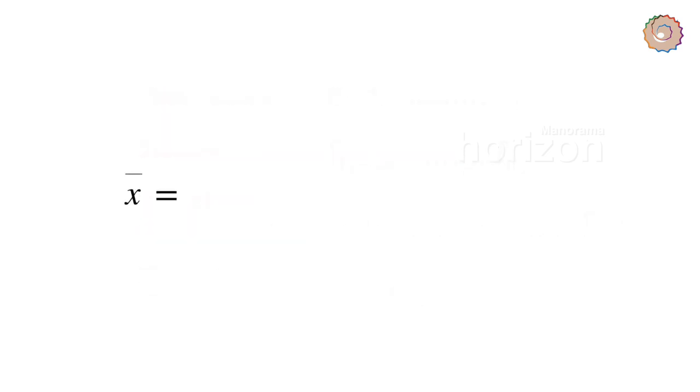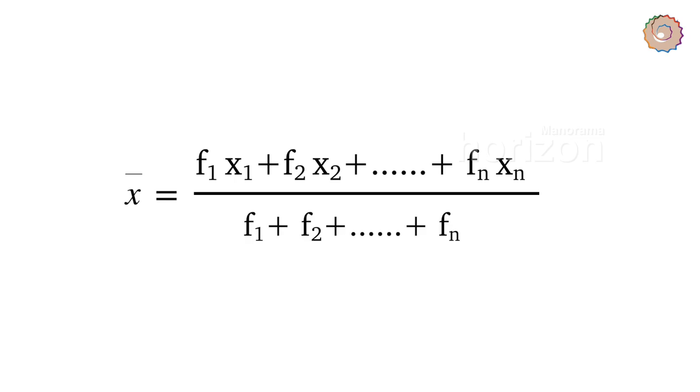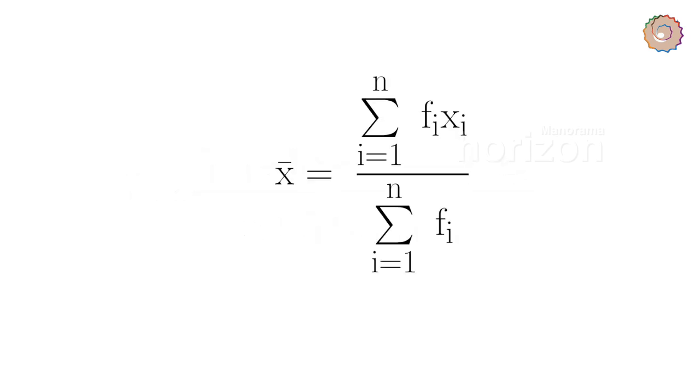So the mean x bar of the data is given by f1 x1 plus f2 x2 up to fn xn divided by f1 plus f2 up to fn, and the summation is written in Greek letter sigma. Therefore, x bar is given by sigma i equals 1 to n fi xi divided by sigma i equals 1 to n fi.